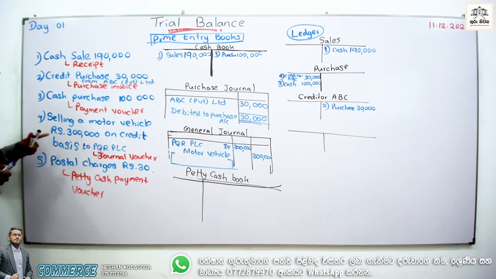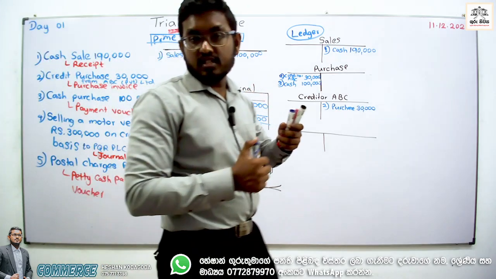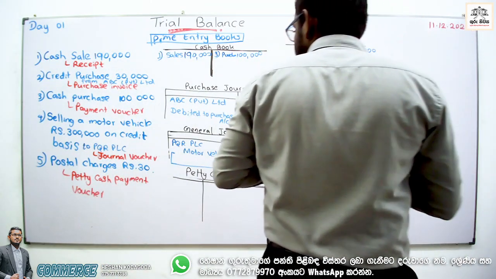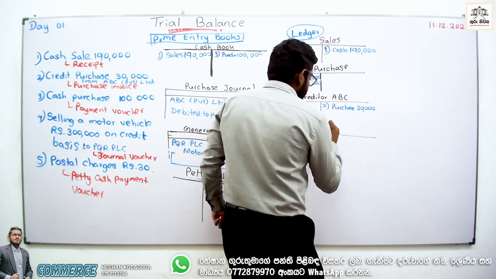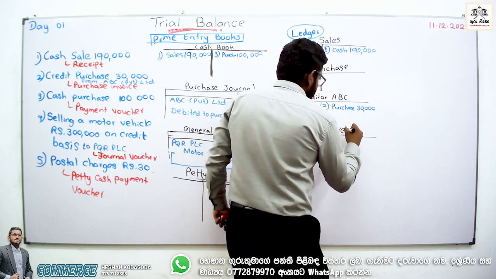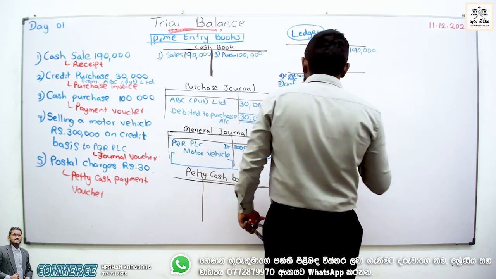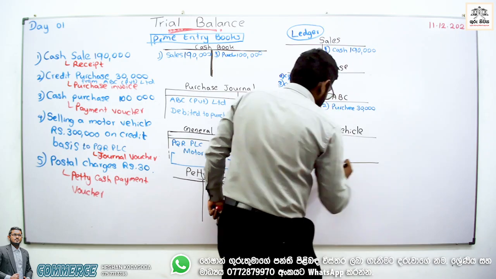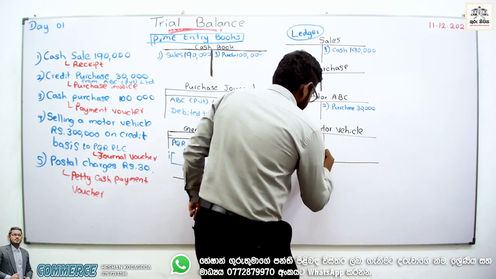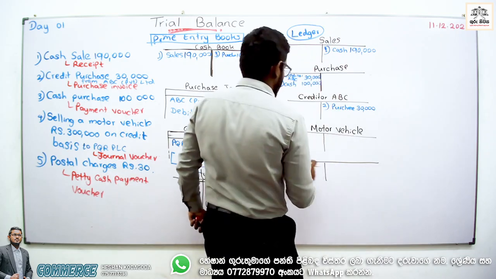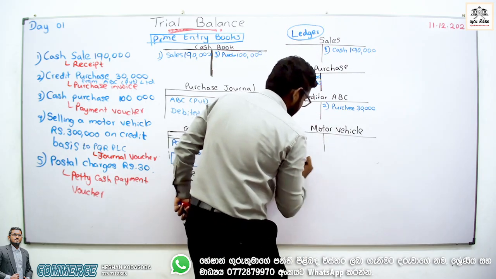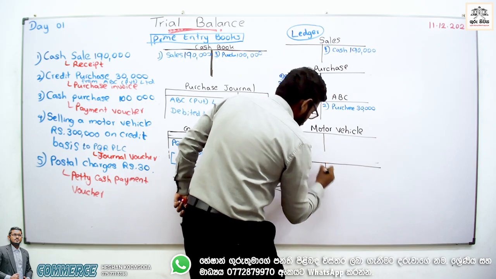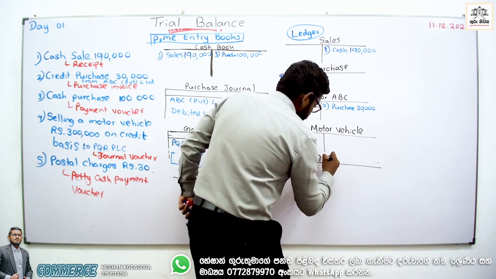But we need to record the both double entry in ledger. Understand? So what are the ledger accounts we need? We need a motor vehicle account, then the next one, ABC. Sorry, it's PQR, right? It's PQR PLC. We need the account called PQR PLC.